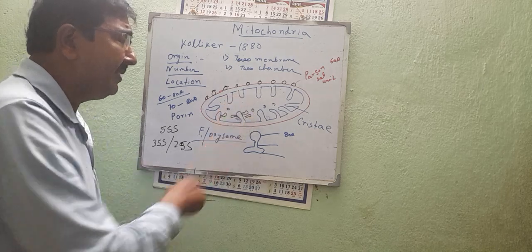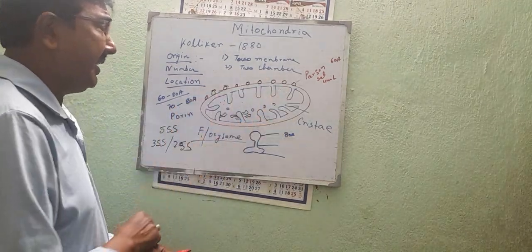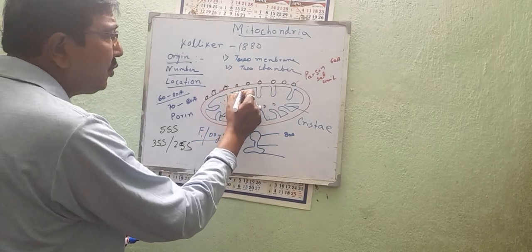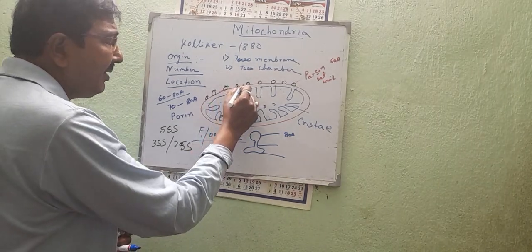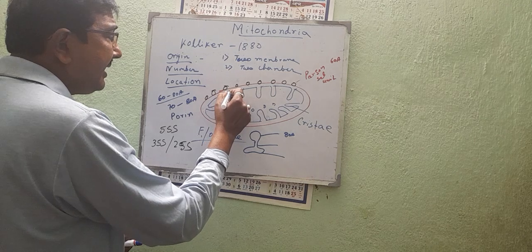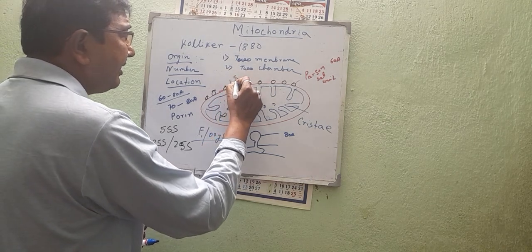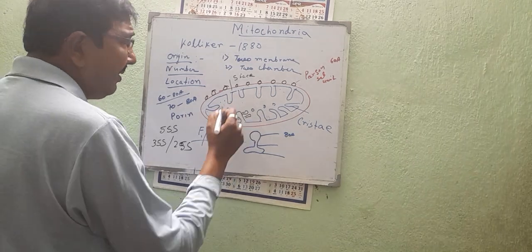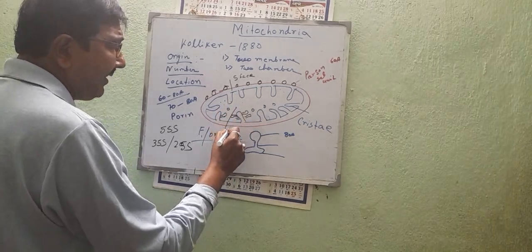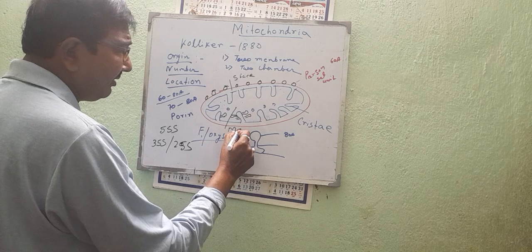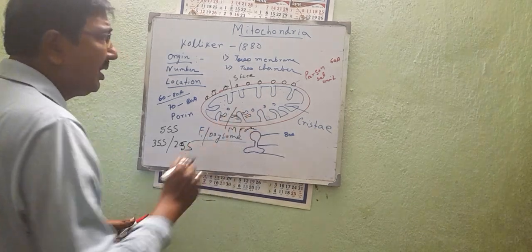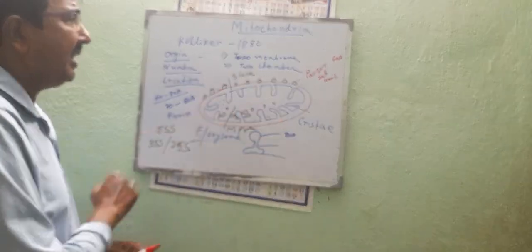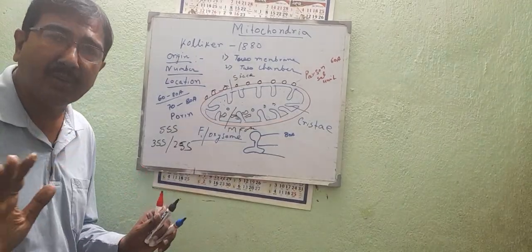The gap between the inner and outer membrane is called the S phase, and the inner side of the inner membrane is called the M phase. That's about the structure of mitochondria.